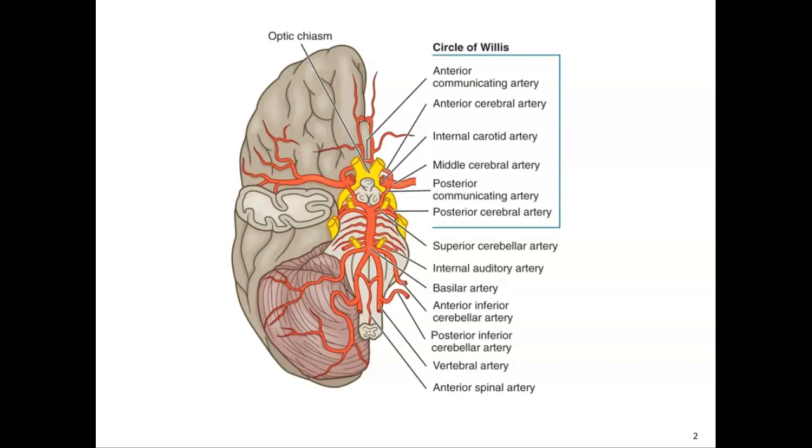So increased CO2 means increased cerebral flow, and decreased CO2 means decreased cerebral blood flow. Intracranial pressure influences blood flow as well, and as intracranial pressure increases, it decreases the cerebral blood flow. So that's why it's so important to the care of the patient with a stroke.